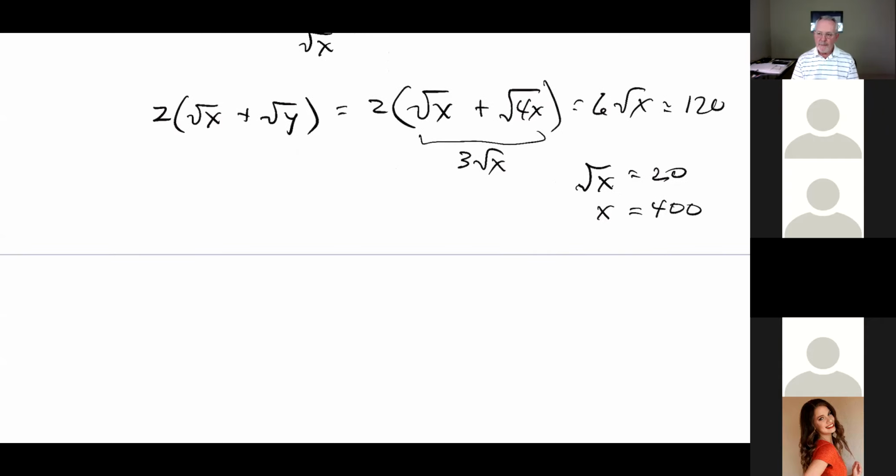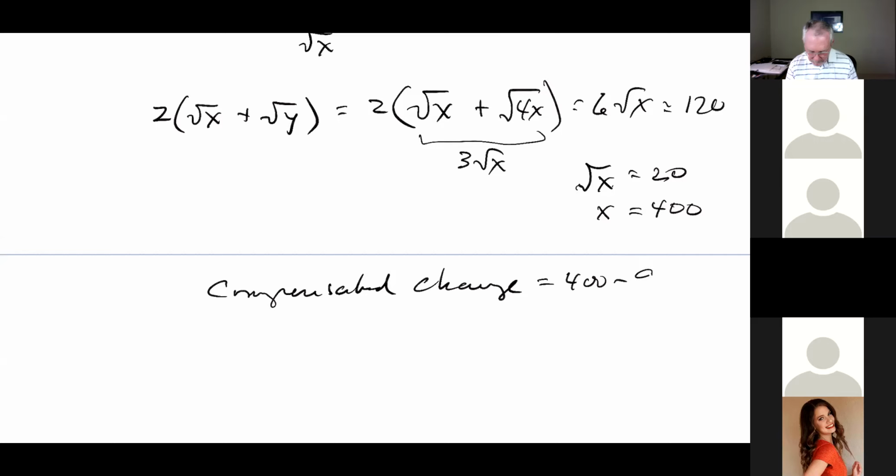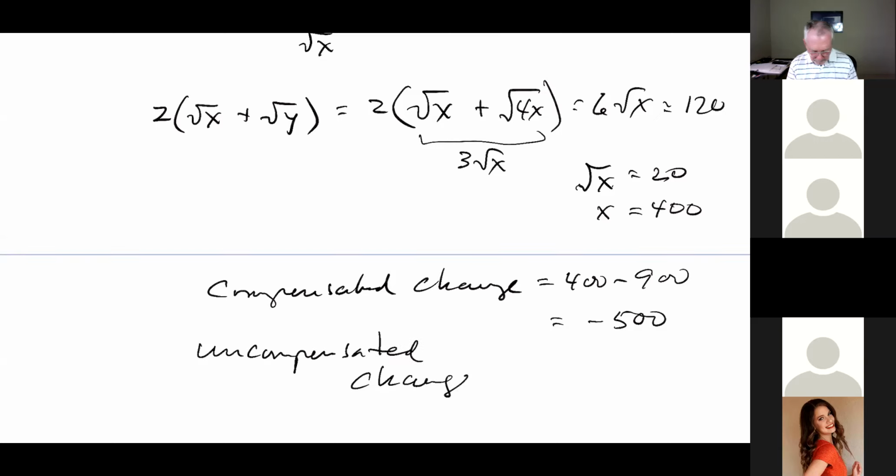So I found the compensated change in quantity demanded. So the compensated change is going to be equal to 400 minus the initial 900. It's going to be equal to minus 500. We said the uncompensated change was equal to minus 600.